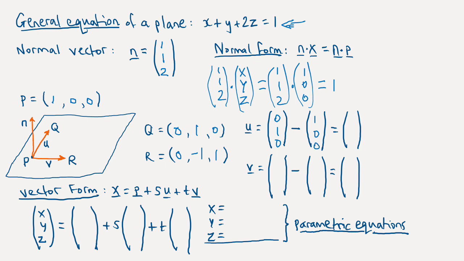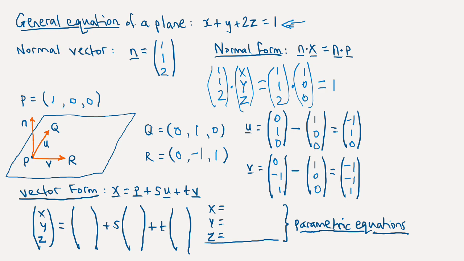So q minus p, which is going to give us our u vector, is going to be minus 1 and 1 and 0. And for the v vector, our point R is 0, minus 1, 1, and p is 1, 0, 0. So v is going to be minus 1, minus 1, 1.